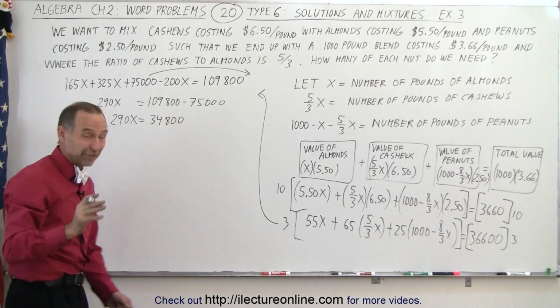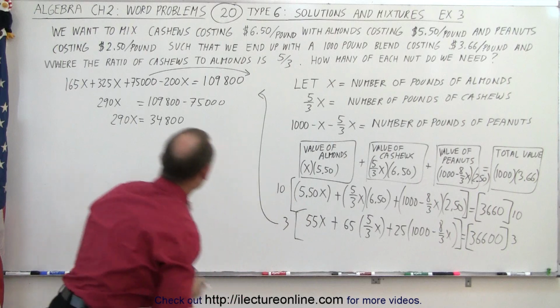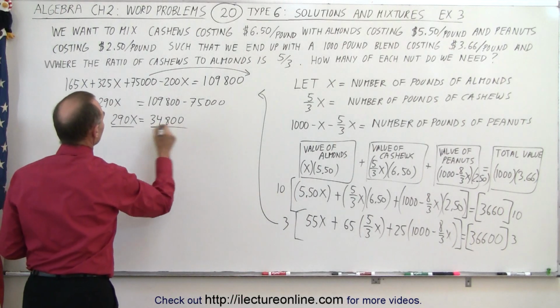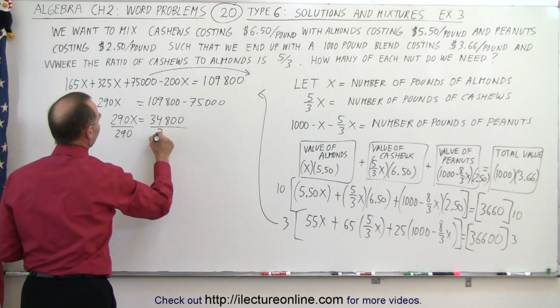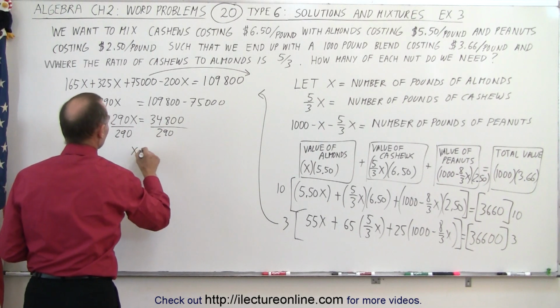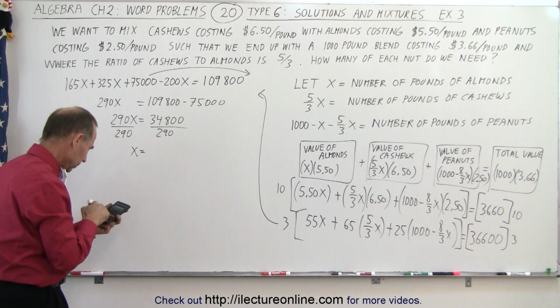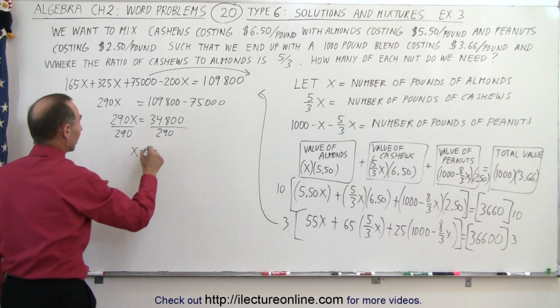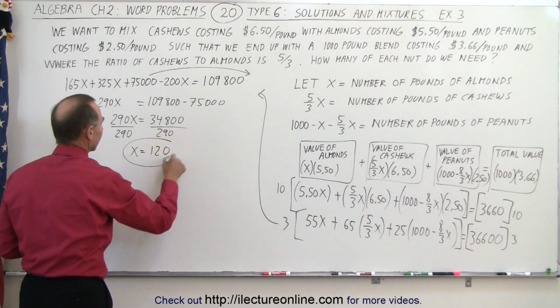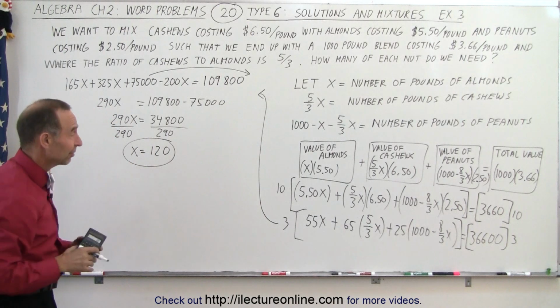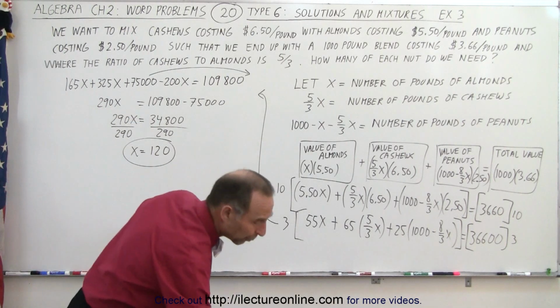Now we divide both sides by 290. So x is equal to 34,800 divided by 290, and that's 120. The fact that it came out nice and even means we're probably correct.